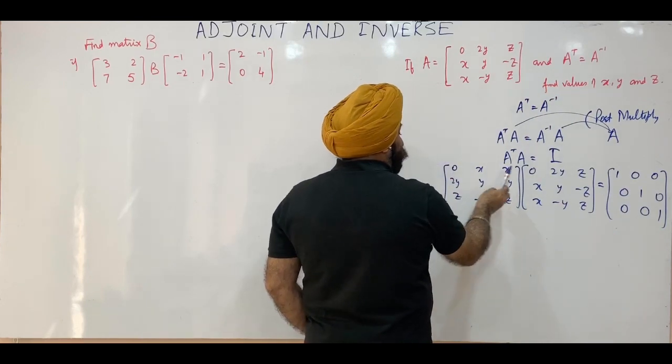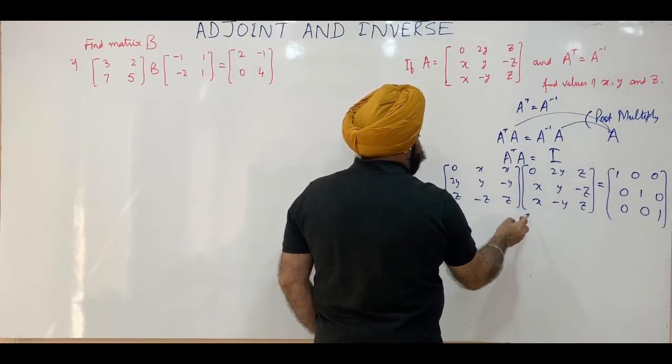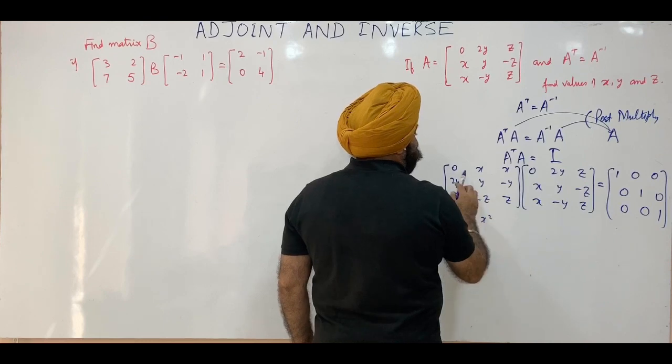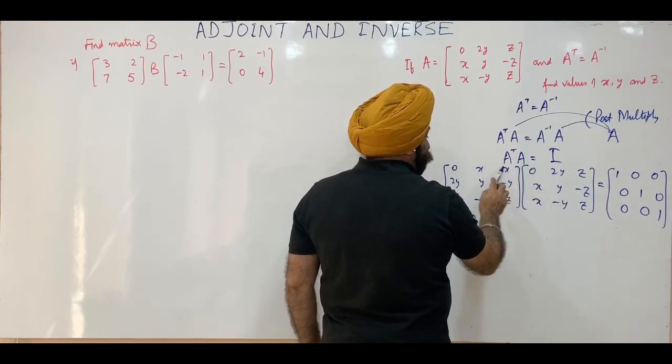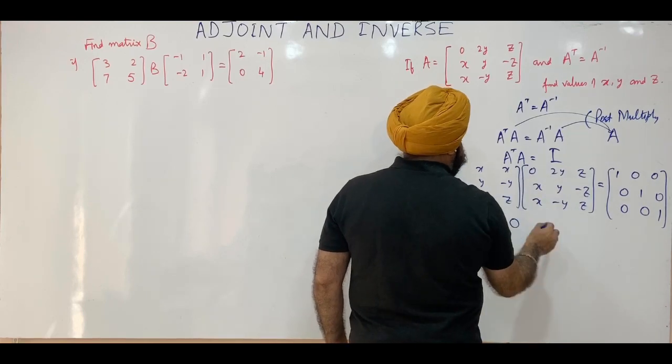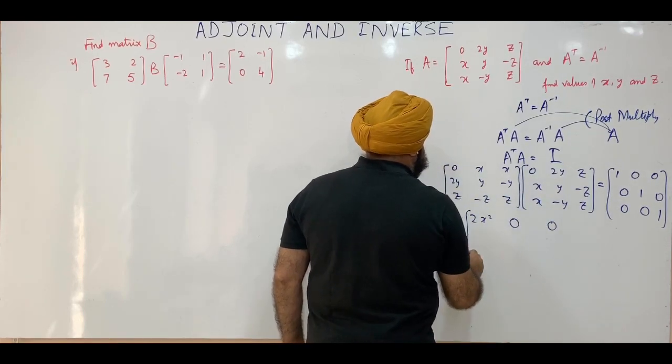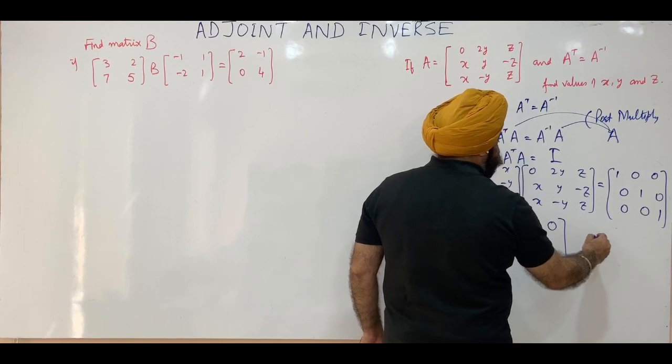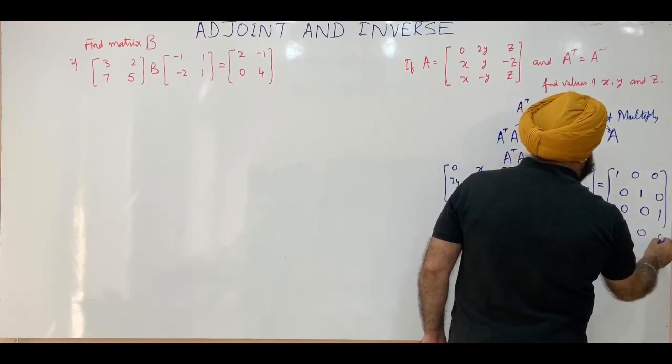Let's multiply. 0 plus x square plus x square. This is 0 plus xy minus xy. 0 minus xz plus xz. Elements of the first row. Right hand side we have 1 0 0.